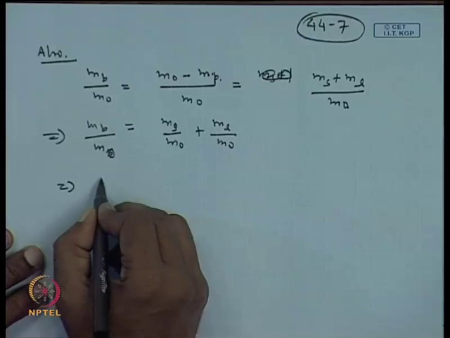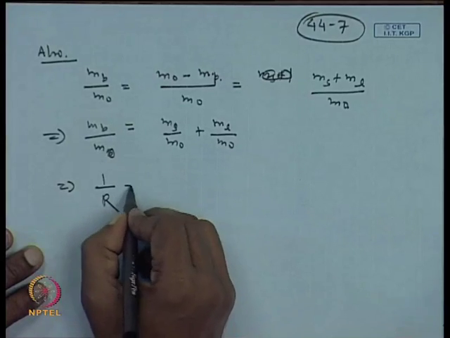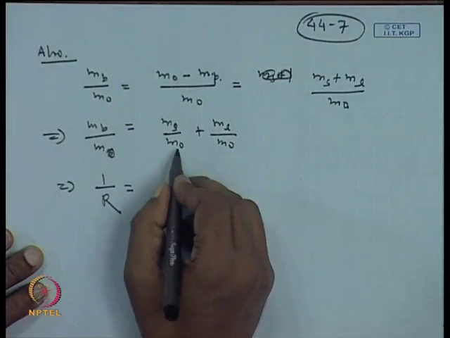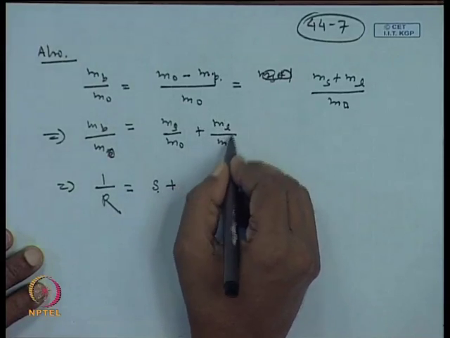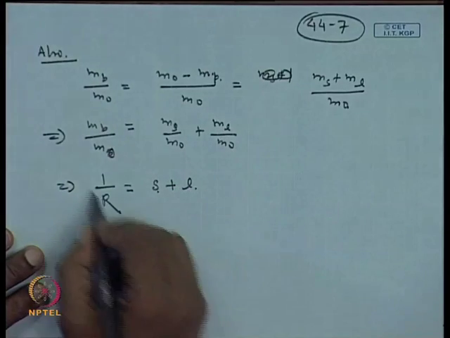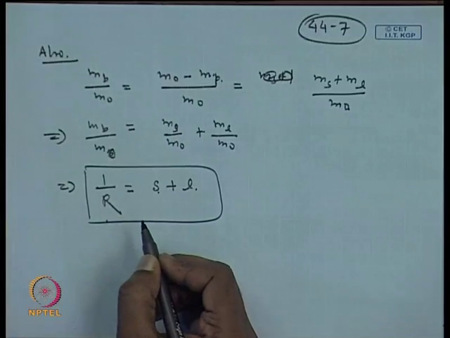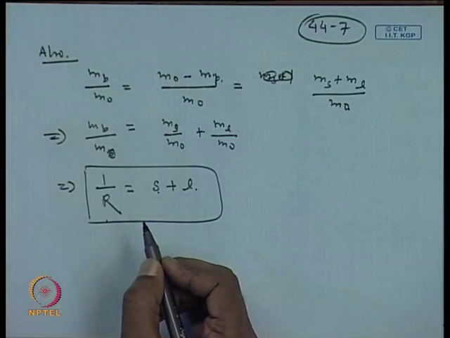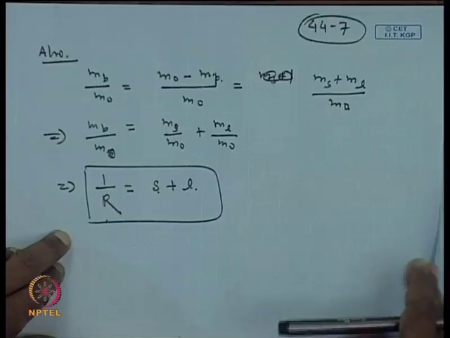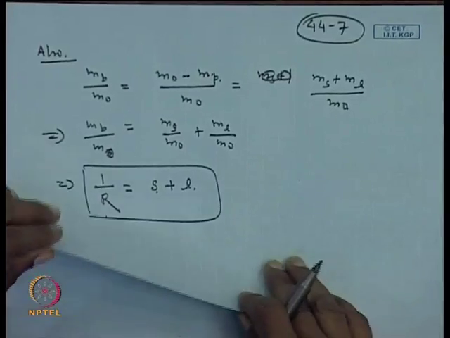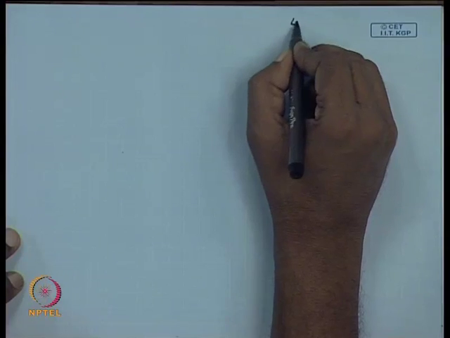Okay. So, left hand side is 1 by r, and m_s by m_0 is the dead weight fraction S we have written as, and m_L by m_0 as L. Okay. So, this is another relationship we are getting. So, this way you can combine the different parameters and write them, and these are very useful while reducing the rocket equation.